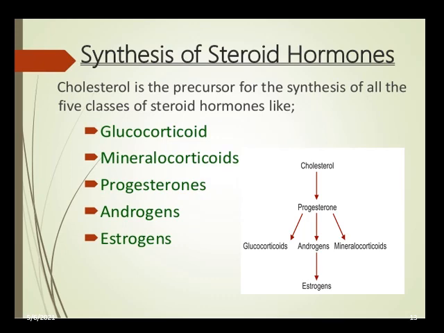Okay, now coming to the second point, that is regarding the synthesis of steroid hormones. Steroid hormones are synthesized mainly in the adrenal cortex and gonads. Okay, so examples are given here. Glucocorticoids and mineralocorticoids, known as cortisol and also aldosterone, are hormones synthesized mainly in the adrenal cortex, and they mainly help to regulate the metabolism of biomolecules.